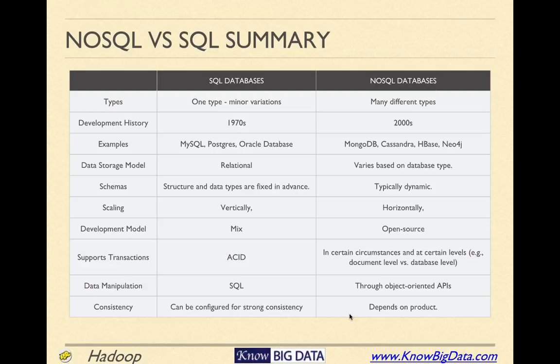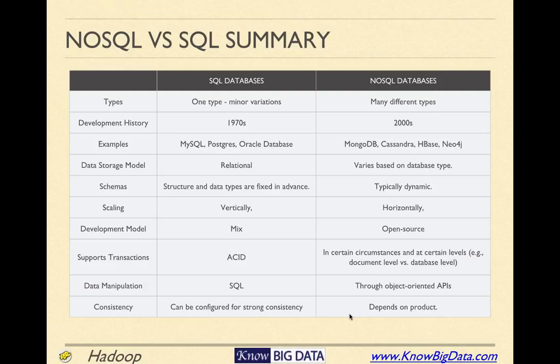In SQL, all of the databases were of the same type. There was the same behavior. Every database has tables, and there was SQL to query them, and the same principle or same way the user was interacting with them. While in case of NoSQL, there are many different types. There is no standard per se. The only thing that is common in NoSQL is all of them are designed for high load and distributedness.